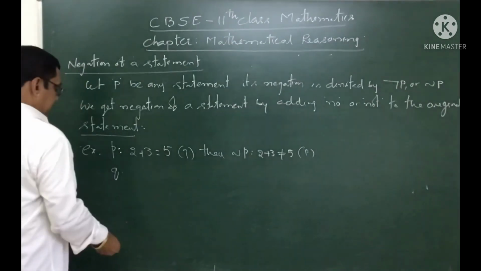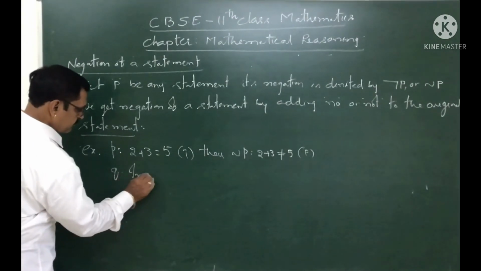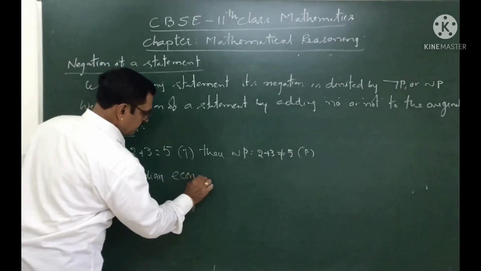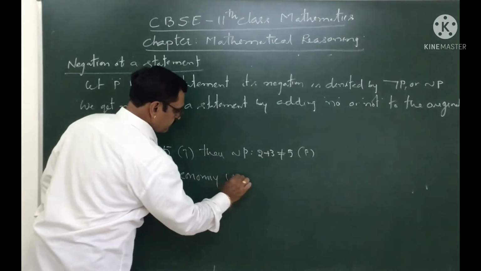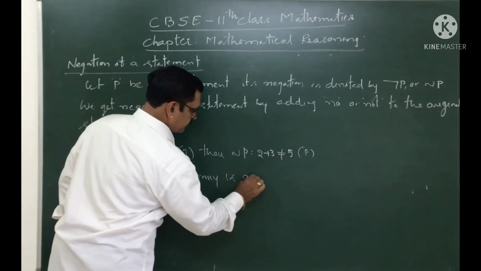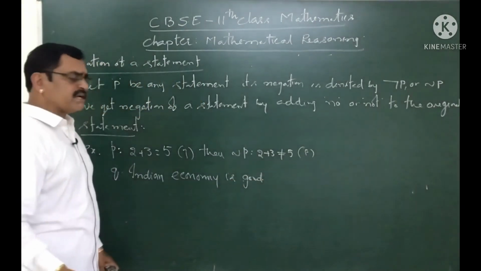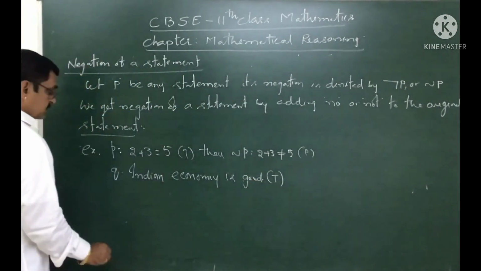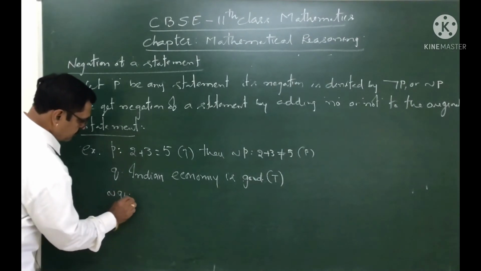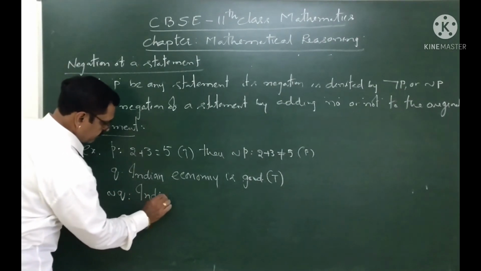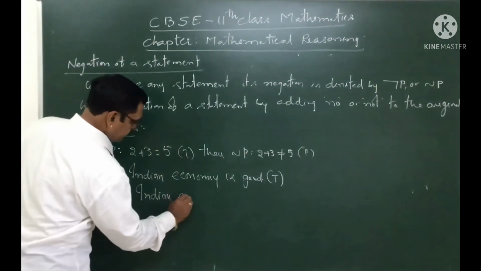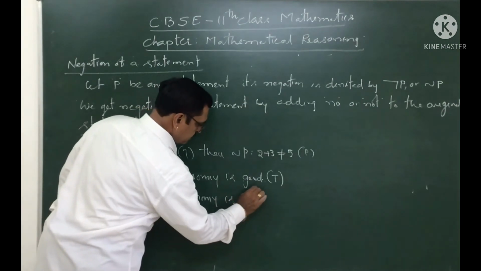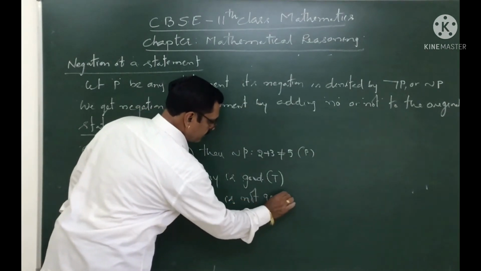Now, for example, Q: Indian economy is good. Assume that it is true. And what is the negation of Q? Negation of Q is: Indian economy is not good.